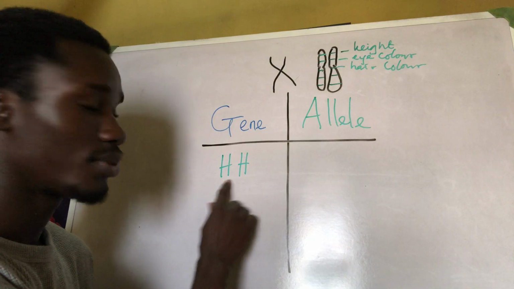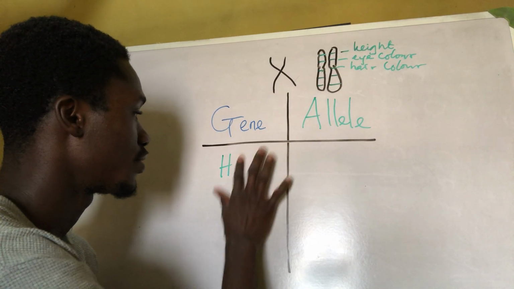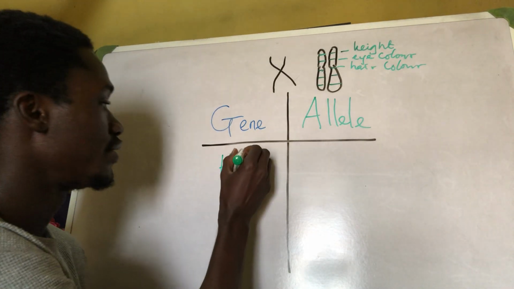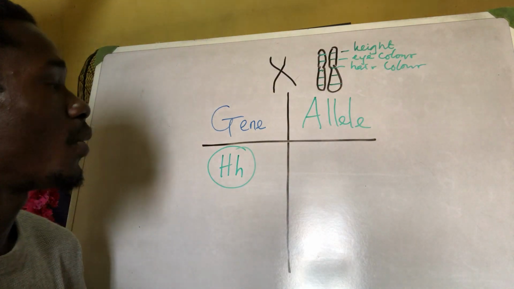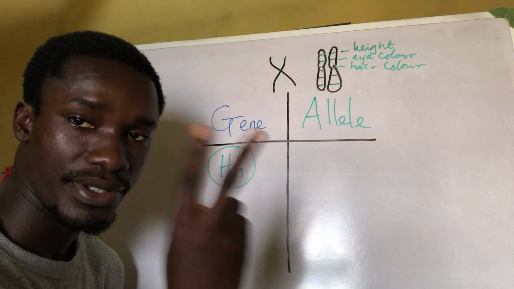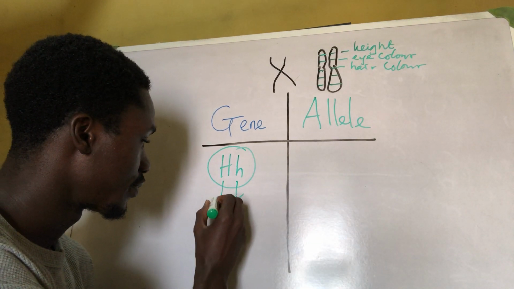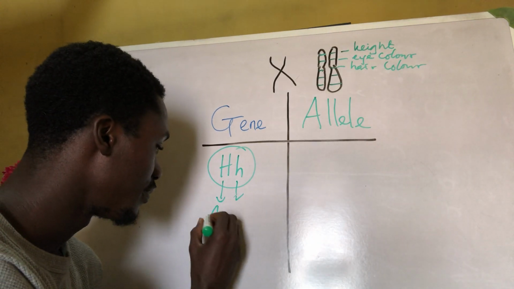These two code for height. Or let's have it heterozygous, so that will explain better. There's a big H, small h. This is the gene that codes for height. Now this gene has two copies, this and this. So each of these two copies is called an allele.